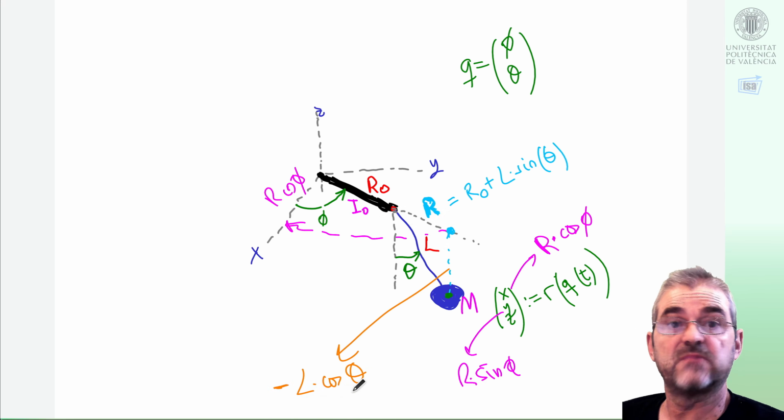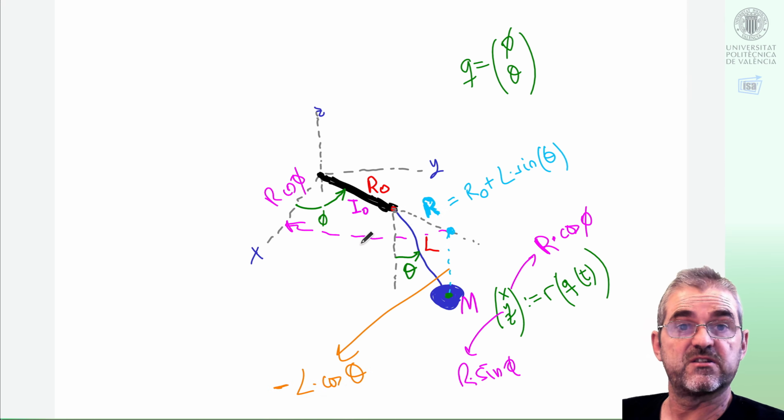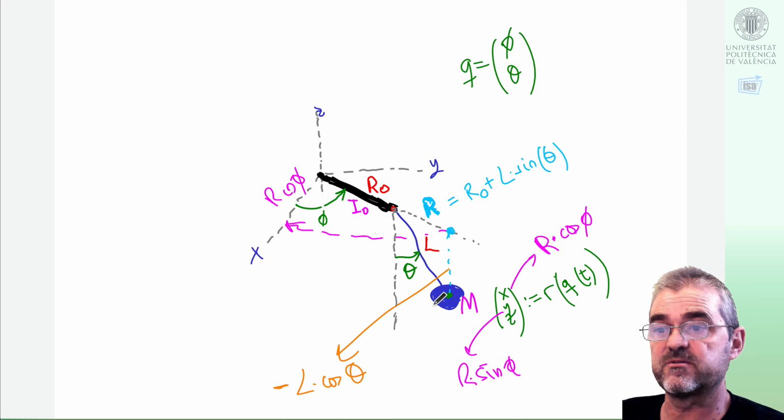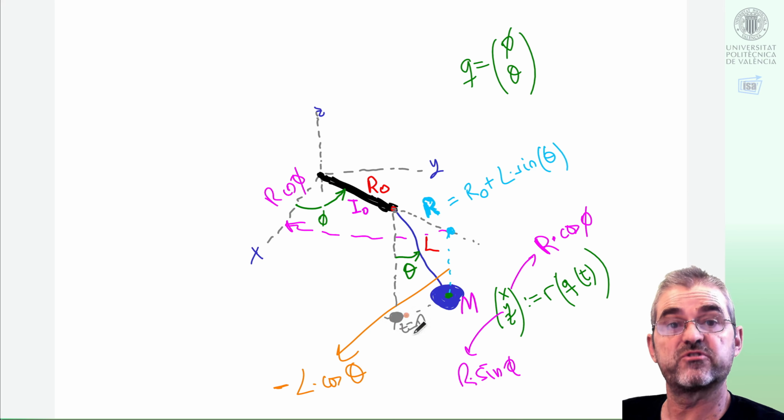But in my code, I changed the origin of my vertical reference system so that, arbitrarily, of course, I called theta equals 0 the downward equilibrium position when everything is stopped.